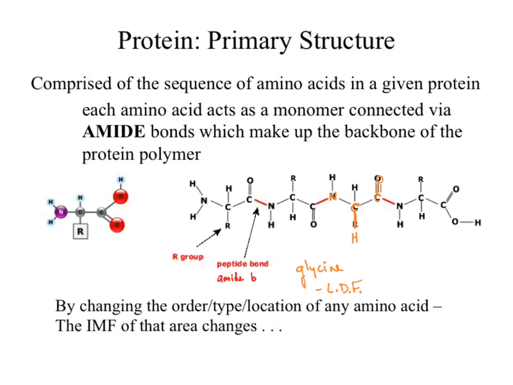It's the difference between carbon and hydrogen, which is nil. This hydrogen is tiny, which means if we look at the rest of the structure around it, it's buried inside. That hydrogen isn't going to see the light of day. It is so tiny that it's kind of meaningless. So I would classify glycine as almost a lack of interaction.